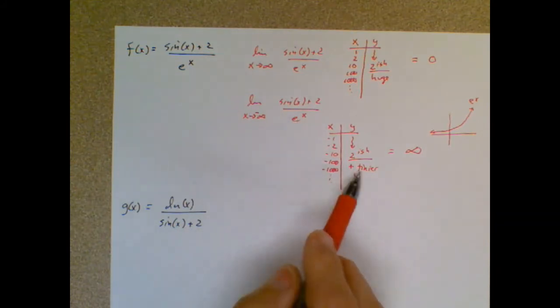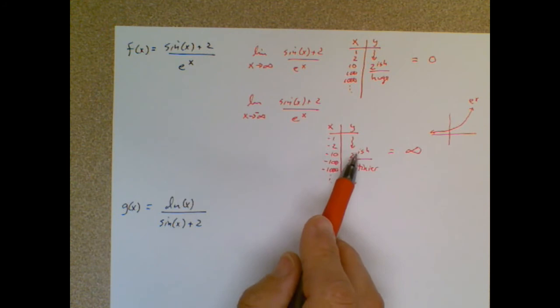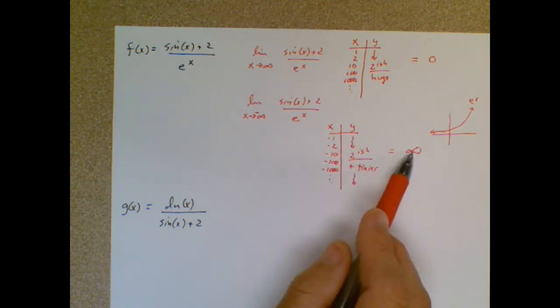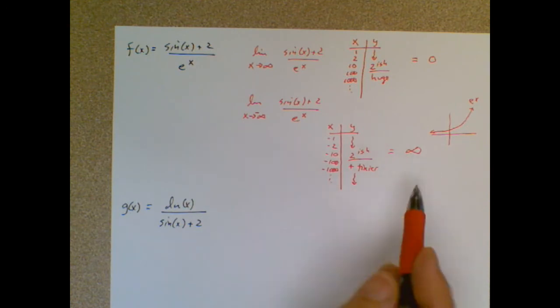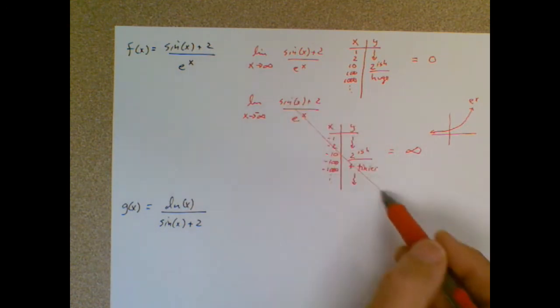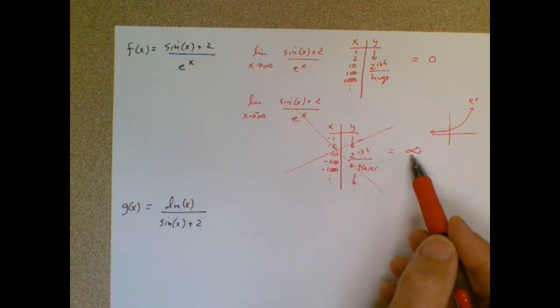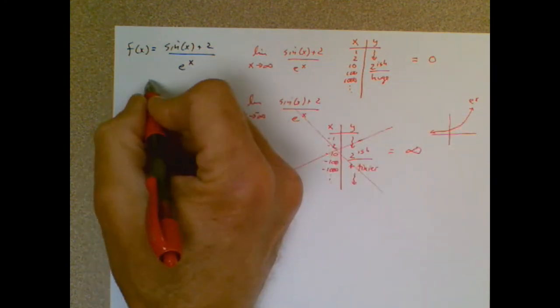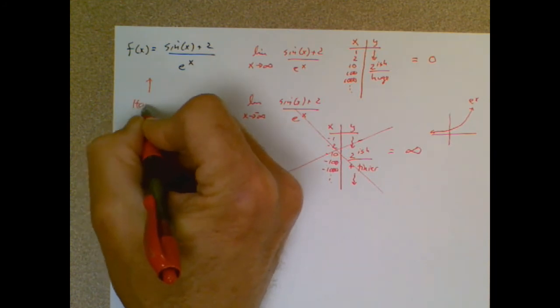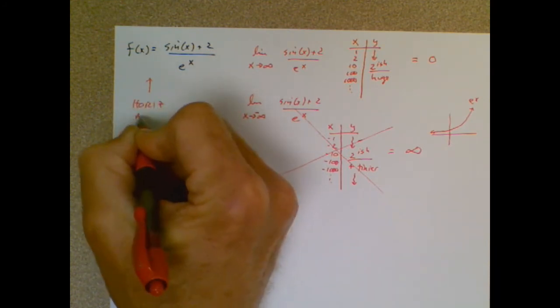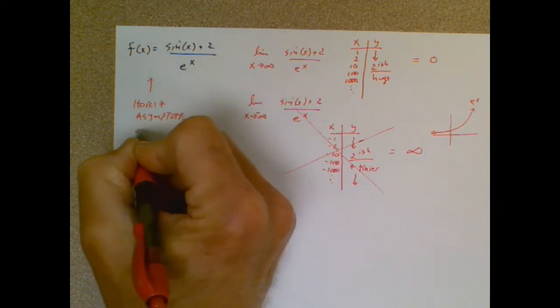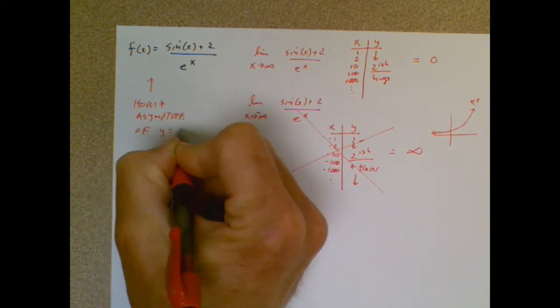So the trend in my denominator is tinier, although it's staying in positive territory. So 2 divided by tinier and tinier and tinier, that trend gives me infinity. This ends up not giving me an asymptote because I didn't get a real number answer. This is an asymptote, so I can say horizontal asymptote of y equals 0.